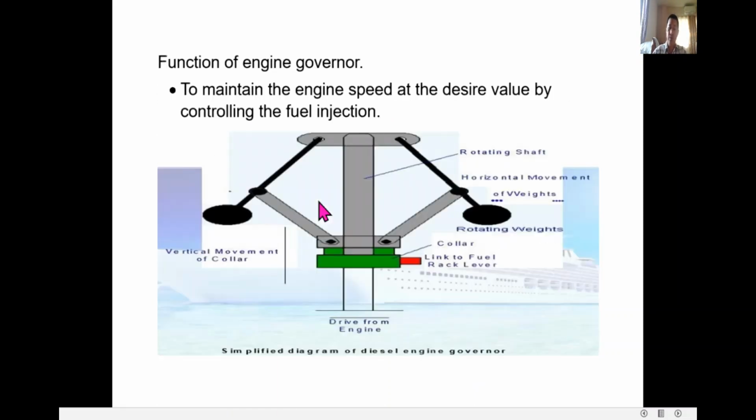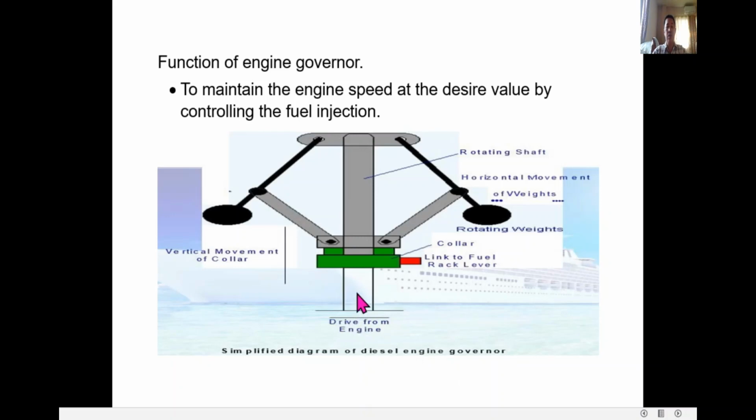Function of engine governor: to maintain the engine speed at the desired value by controlling the fuel injection. So this is your simplified diagram of diesel engine governor. So you have here drive from engine.